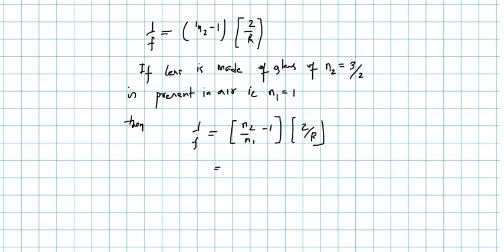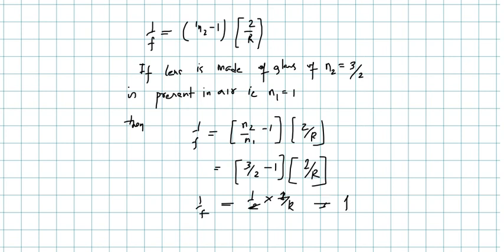So n2 is 3 by 2, so 3 by 2 minus 1, because n1 being 1, into 2 by r. So 3 minus 2 is 1 by 2, into 2 by r, the 2 cancel, 1 by f is equal to 1 by r. So this implies f is equal to r.